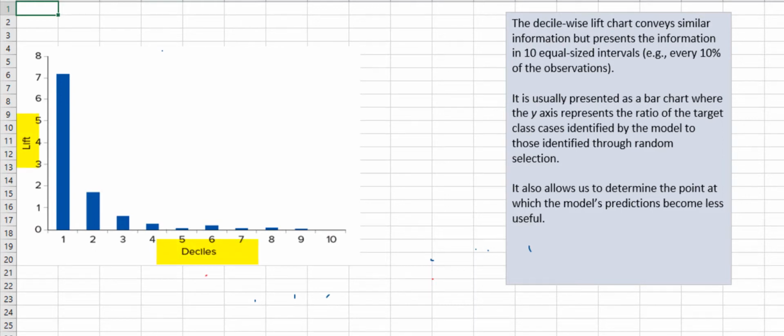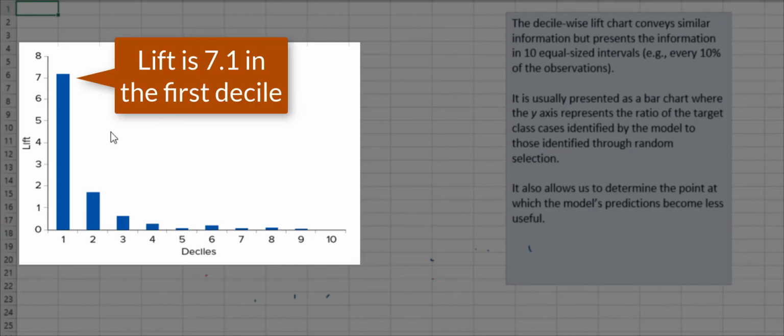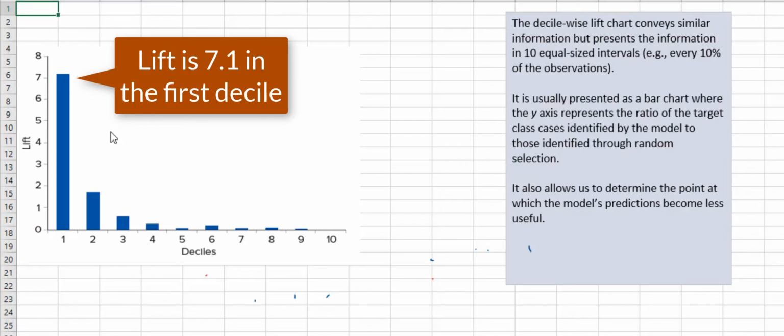So therefore the y-axis represents the lift and the x-axis represents the deciles. Here on the screen you see one decile-wise lift chart. This figure shows that the lift for the first 10% of the observations, which is the first bar, is about 7.1, which means that the top 10% of the observations selected by the model contain 7.1 times as many class 1 cases as the 10% of the observations that are randomly selected.